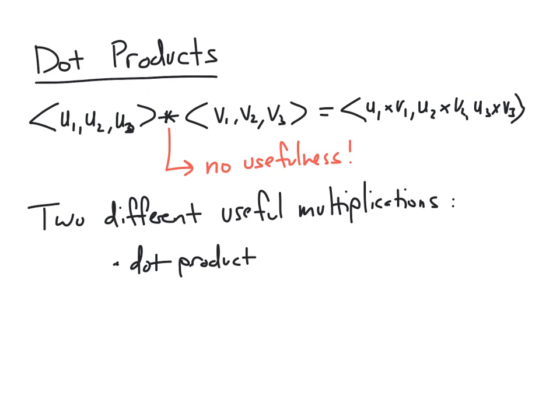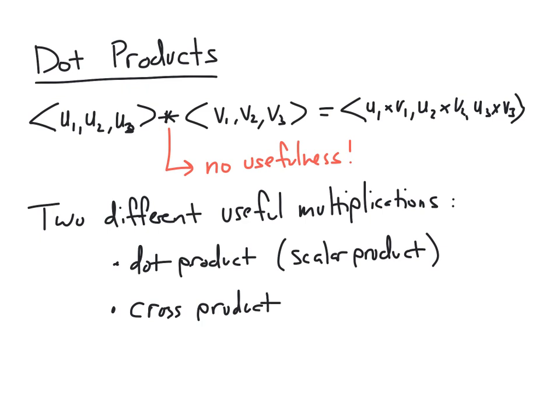This one is also sometimes called, in other contexts, a scalar product. The reason it's called a scalar product is because the result of the dot product of two vectors is going to be a scalar. It's going to be a real number, not a vector. The other type of product that we're going to talk about in the next section is the cross product, and this will produce another vector. So these are very different types of multiplications. The outputs are different types of objects. But in this section, we're going to focus on dot products.